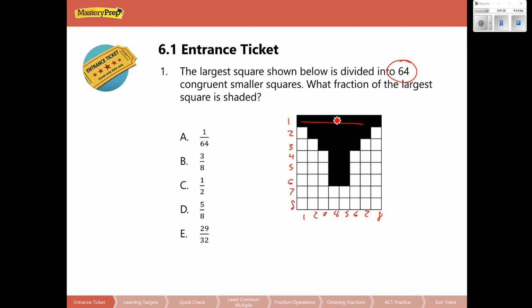So this here is 8, this here is 6, 4, 2, 2, 2, which is exactly 10, 20, 24. So we're looking at 24 over 64, which is 3/8.